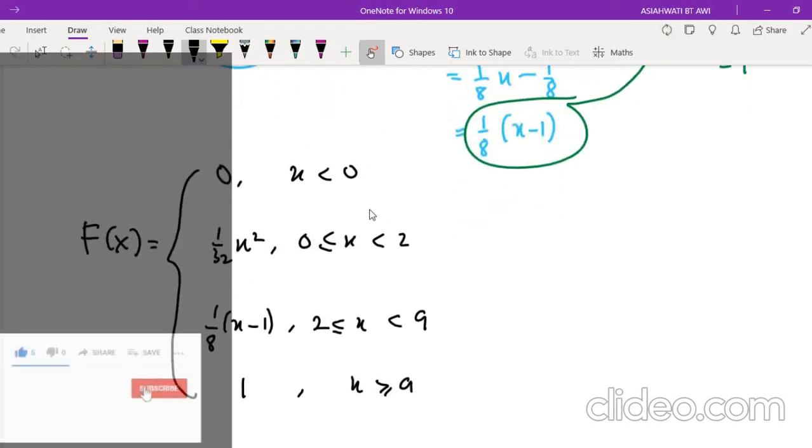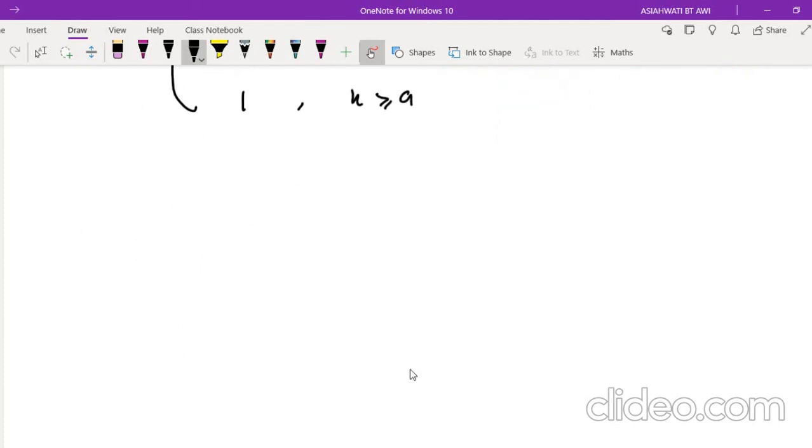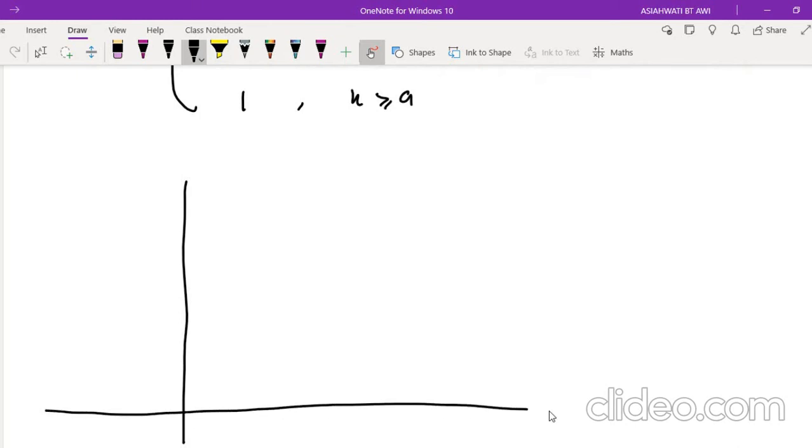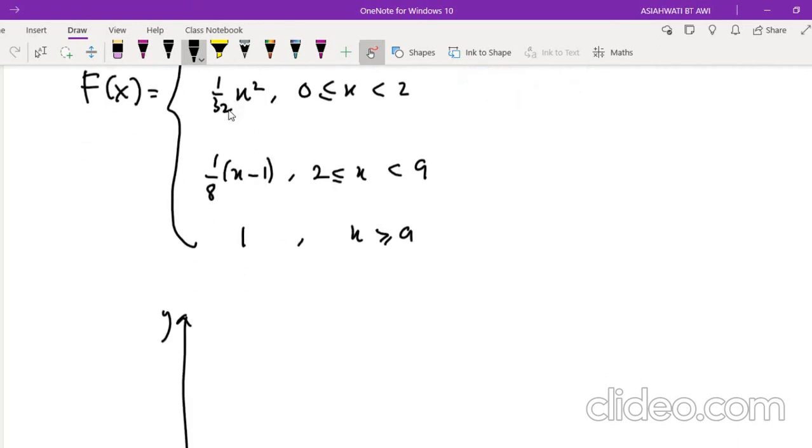To sketch the graph of F, check the domain: less than 0, 0 to 2, 2 to 9, and more than 9. Set up the x and y axes. For x less than 0, the function is 0.